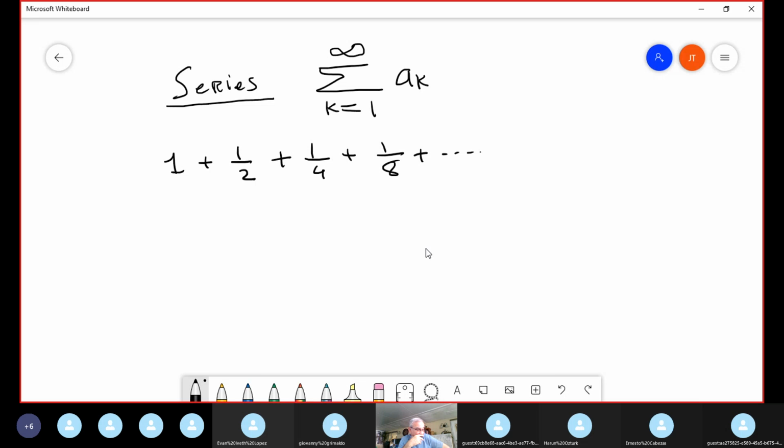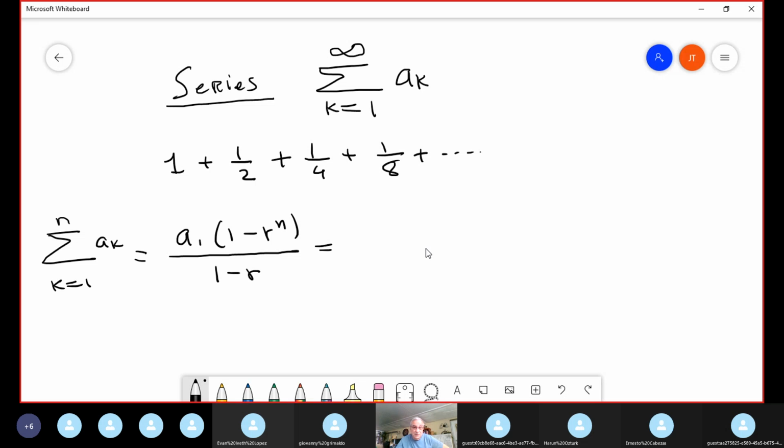So we're using the same formula. Remember, the formula is A1 times 1 minus R to the m, divided by 1 minus R. Okay, this is the summation when the upper limit is not infinity, it's m.